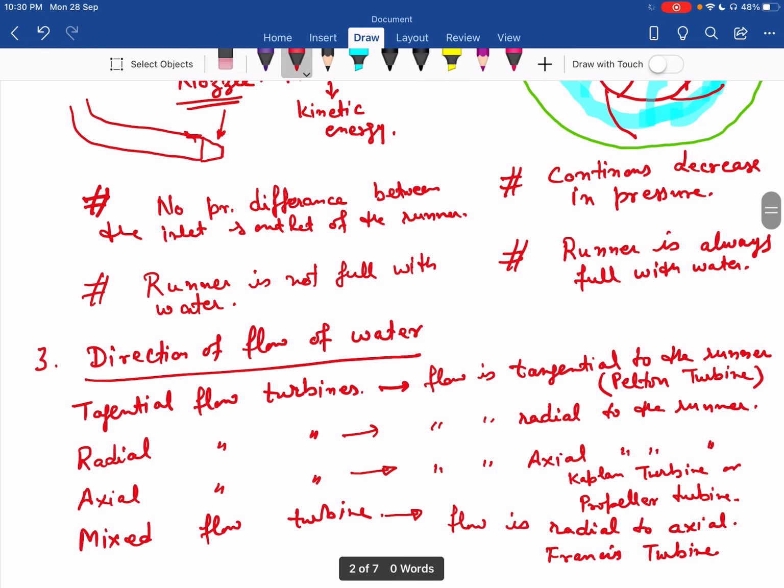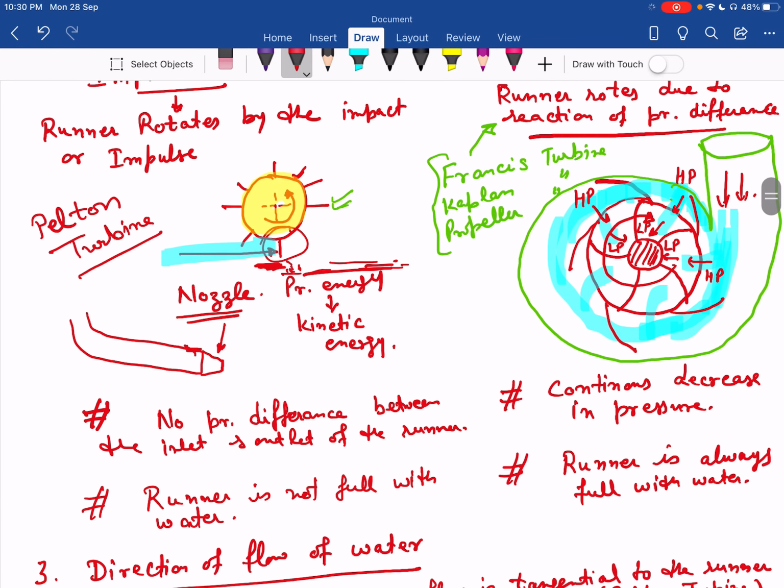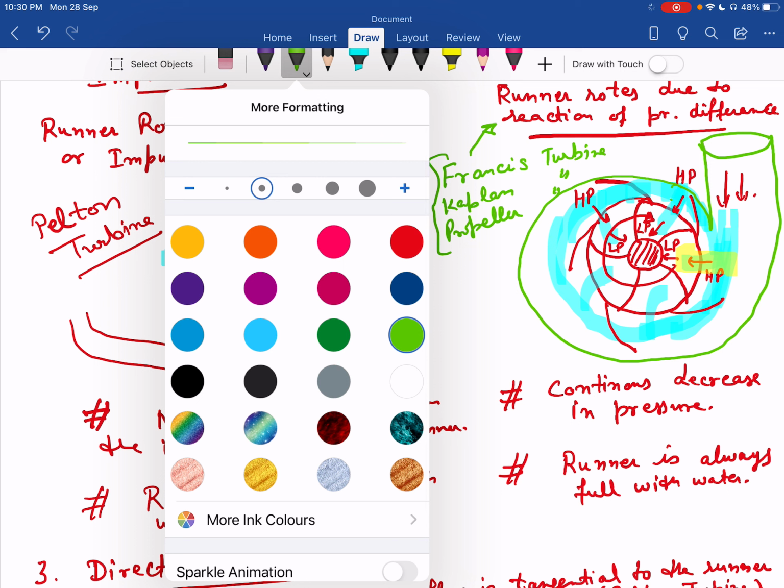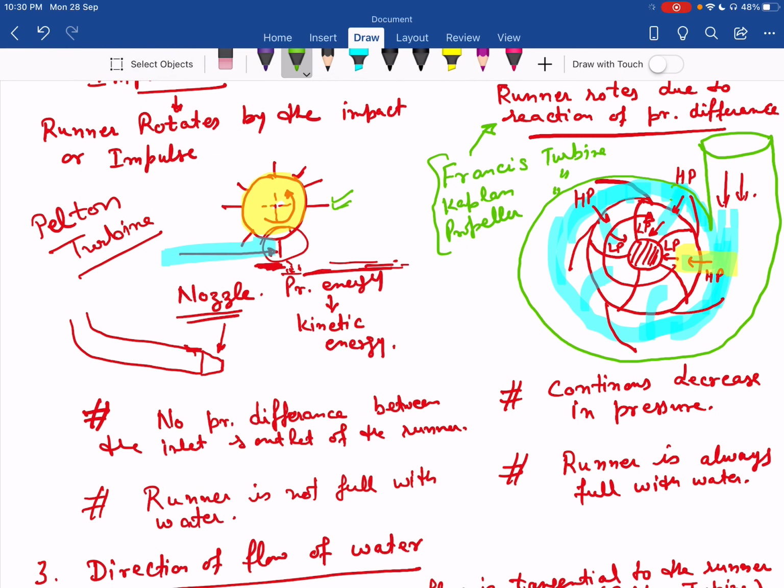Now you can see here in this diagram, the water enters in the radial direction. However, when it comes out from here along the shaft, it is in the axial direction.